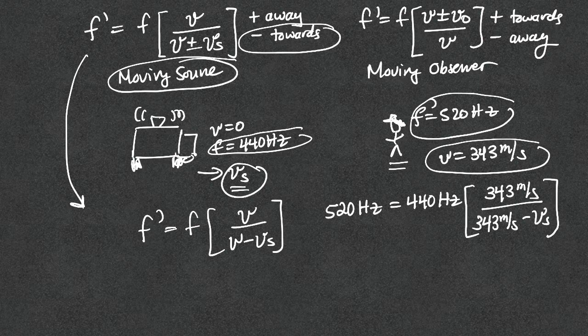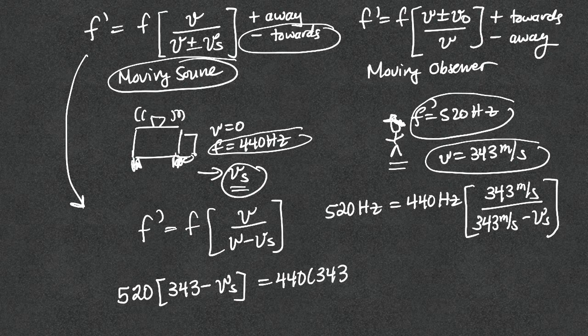And now I just need to solve for this. So I do a little bit of algebra. 520 hertz times 343 minus vs, if I cross multiply, equals 440 times 343. So let's do that. 440 times 343 divided by 520 is, ooh, that's a really big, 290.